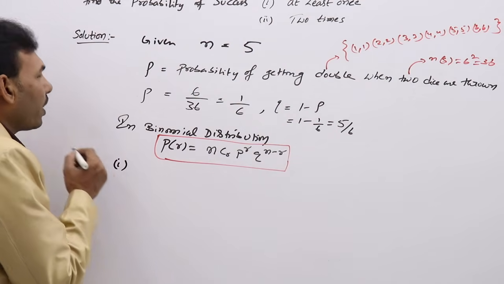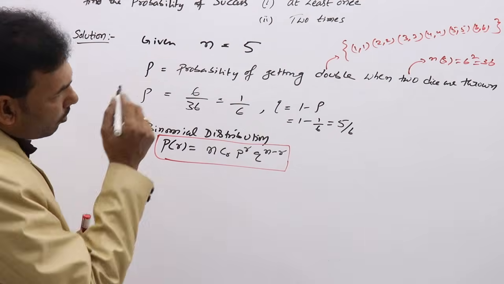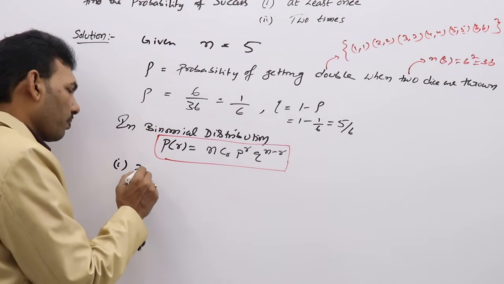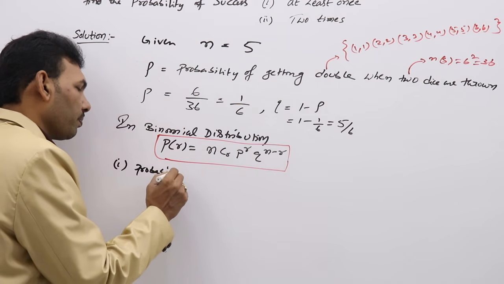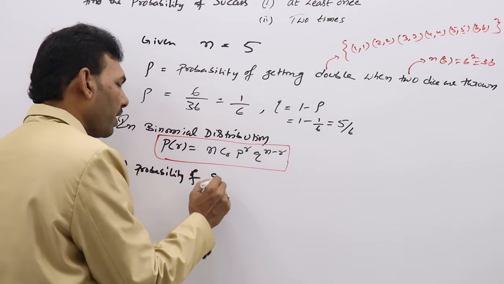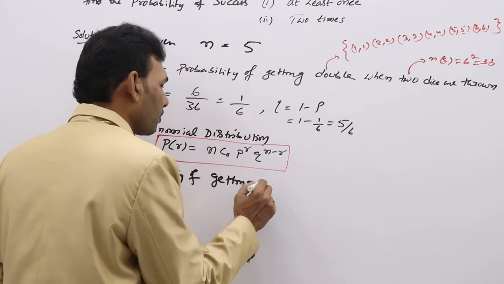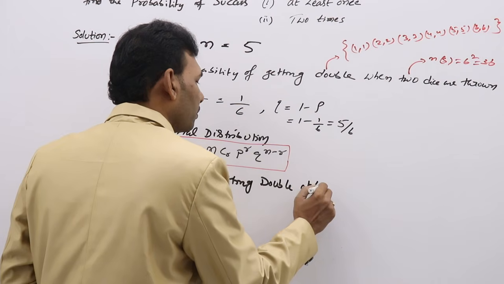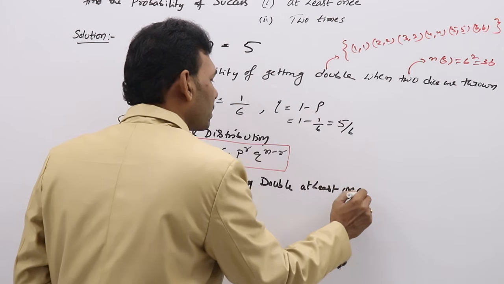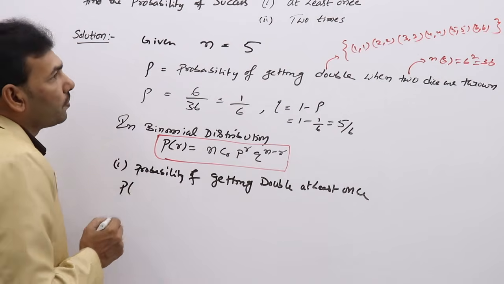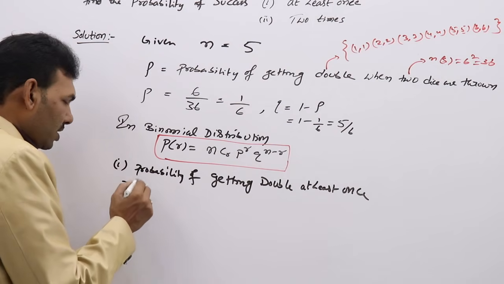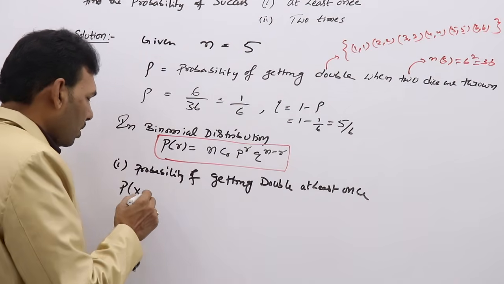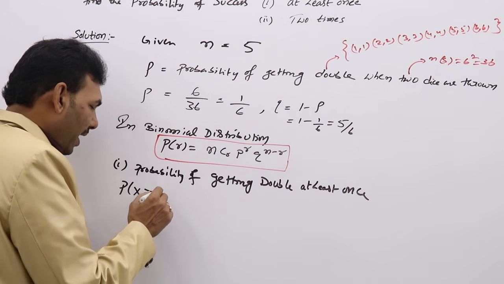Now what we need to find? The probability of getting a double at least once, that is the first question. At least once means minimum once, maximum as many as possible times, so x greater than or equal to 1.